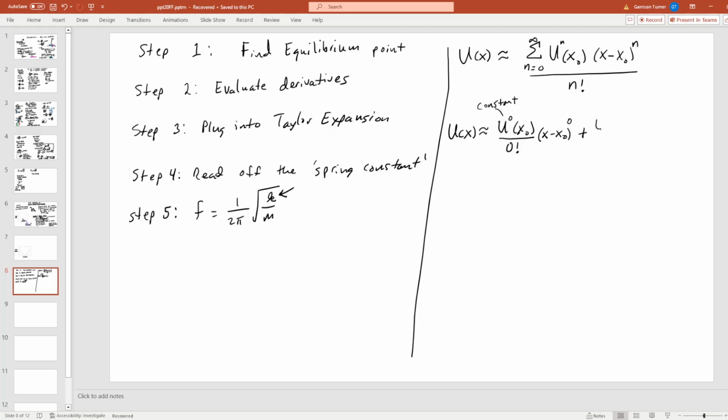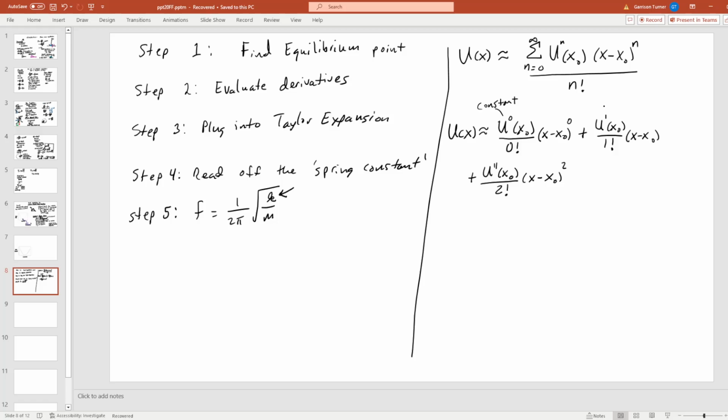So then we have the first derivative of u evaluated at the equilibrium position divided by 1 factorial times x minus x naught plus the second derivative of u evaluated at the equilibrium position divided by 2 factorial times x minus x naught squared.